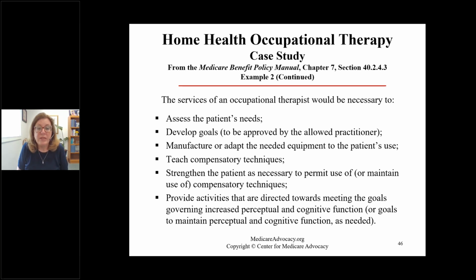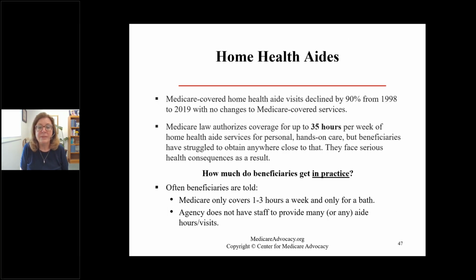Are there compensatory techniques to strengthen the patient as necessary, or to maintain as much of that function as possible, and to provide whatever activities are directed toward meeting those goals to improve or to maintain the function as necessary.